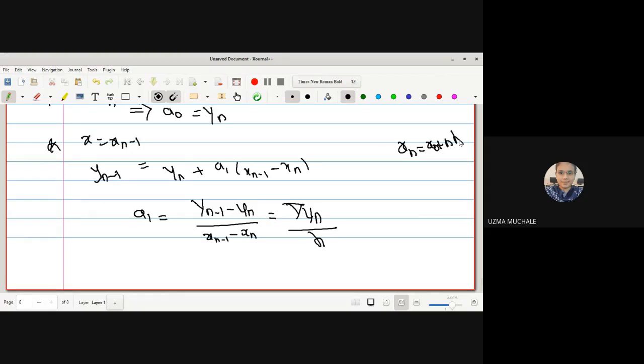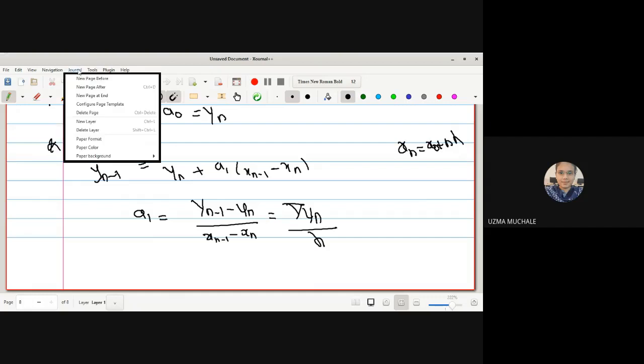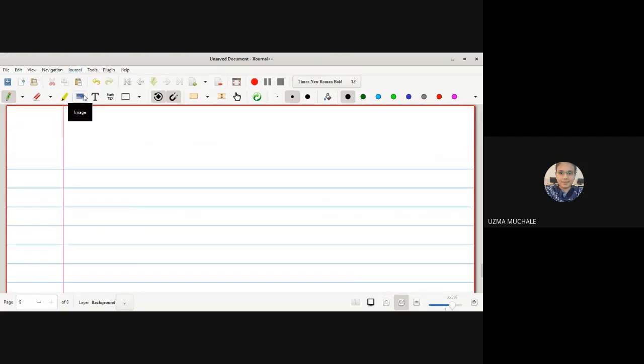Similarly, find after putting x is equal to xn minus 2. Put x is equal to xn minus 2 and find out the relation.